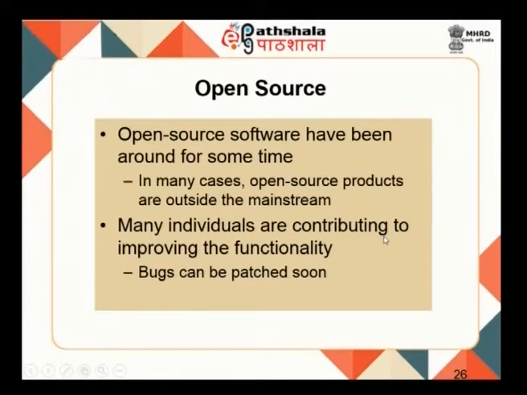We can find a lot of open source software that supports visualization as well as analytics. Many bugs are introduced in such open source tools, but every day we find many more versions coming up. Therefore, in any advanced version all such bugs can be identified and fixed.